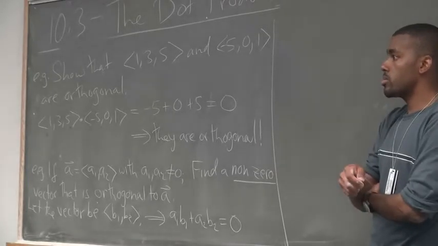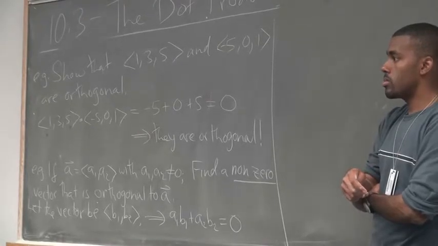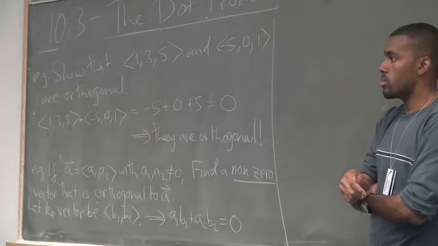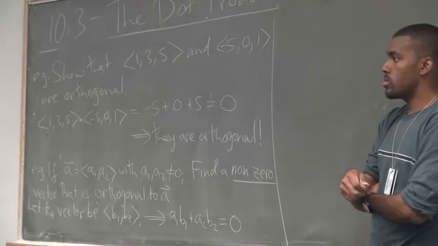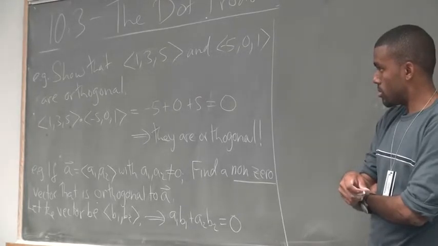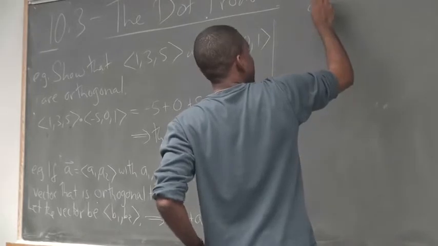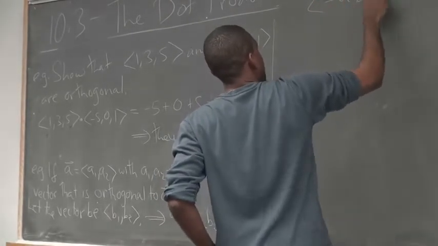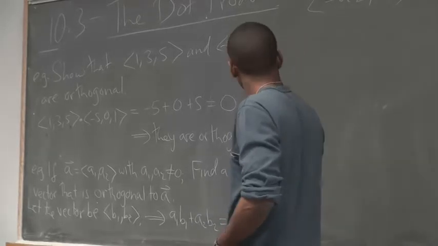Maybe you could try B1 equals negative A2 and B2 equals A1. I think what he's trying to say is that this vector could work. Yeah, it could, right?